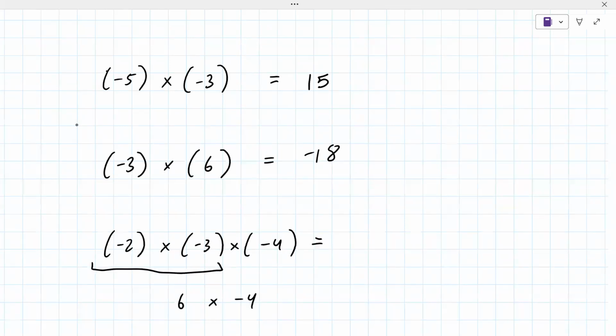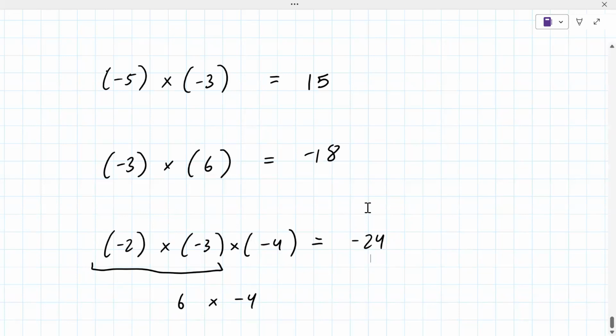What does that become? It equals negative 24. Very good. So what some students do is they count the number of negatives and use that to figure out the sign of the answer, or they do like we did, which is do the intermediate calculations.